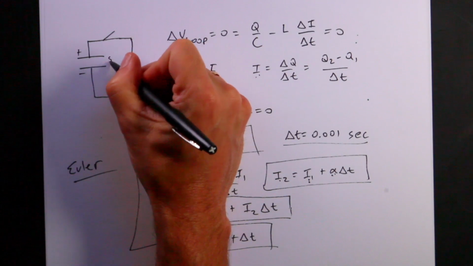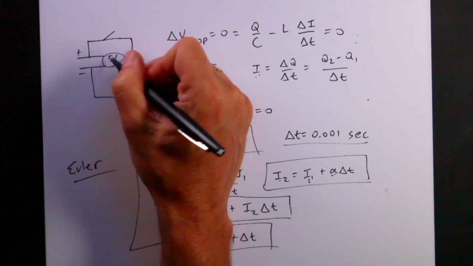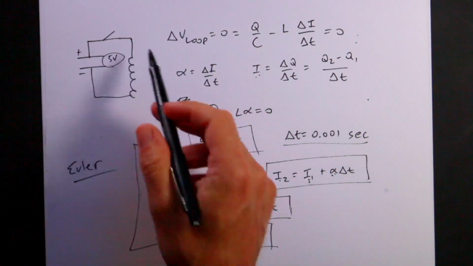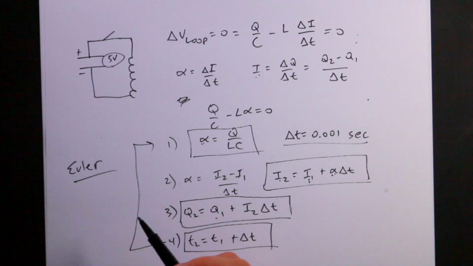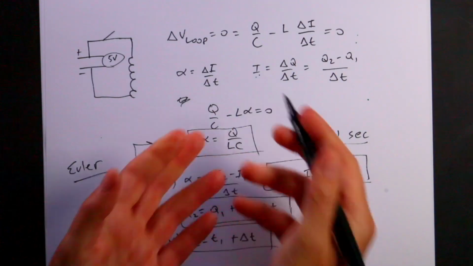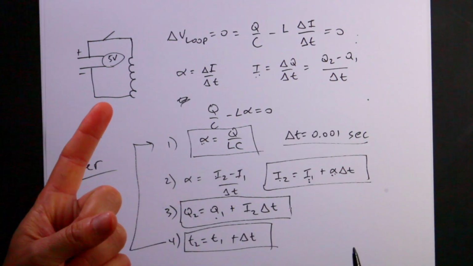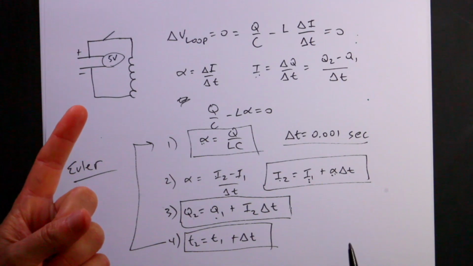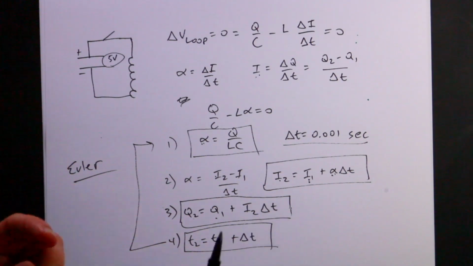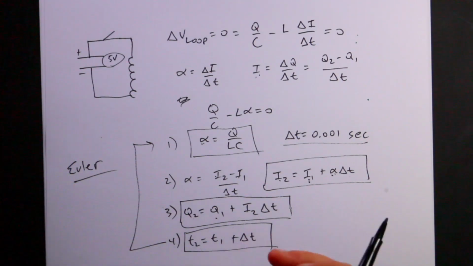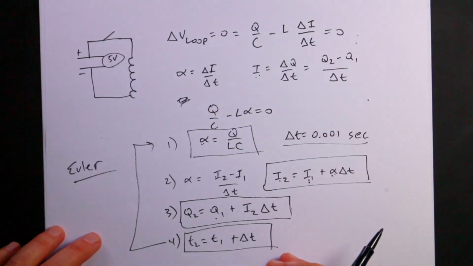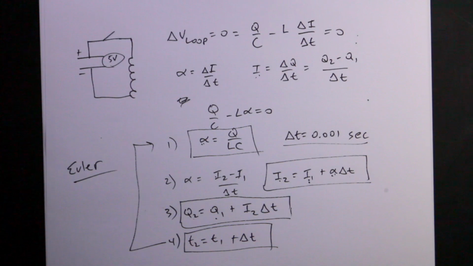So let's just say this is 5 volts across that capacitor, and I can solve for the charge, and then I can see what plays out. Okay, so we're going to do this in Python because I don't want to do 1,000 calculations for just 1 second. But just so you know, people did do that. Before the electronic computers, there were people that would do these calculations by hand and get the numbers, and it's tedious.